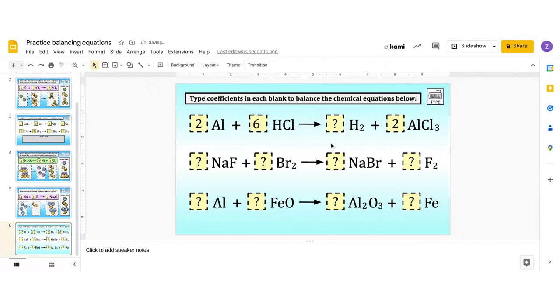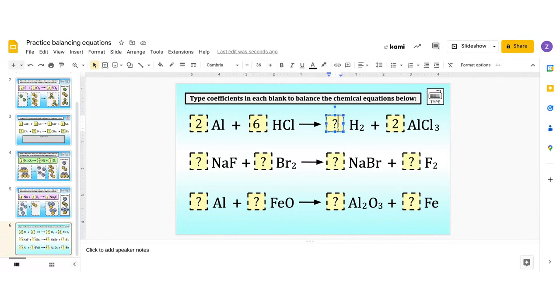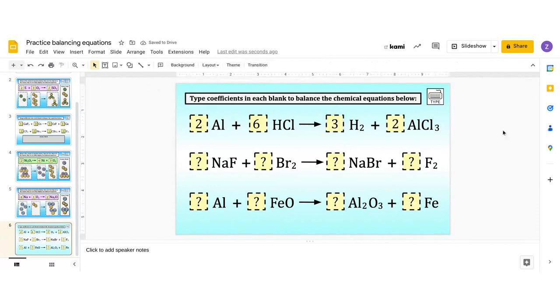Good. Now what's the H2 going to be then? Because we got 6 H's on the reaction side. We got to put how many in front of the H2 to make it 6? 4? That'll make it 8. Oh, 3. Right. Yep, 3. Okay, that works. That was a tough one.